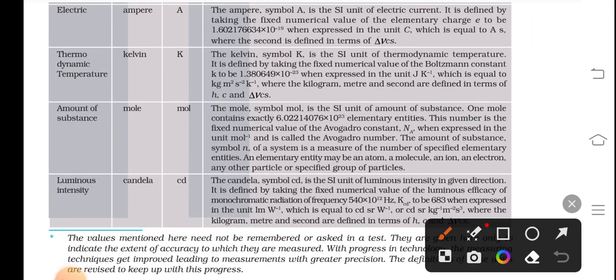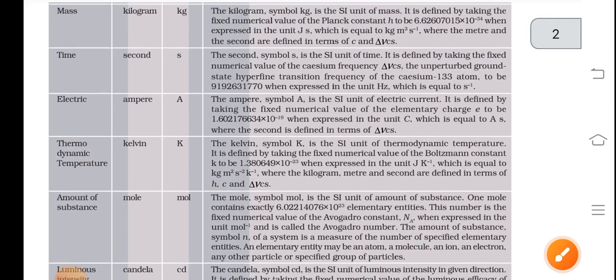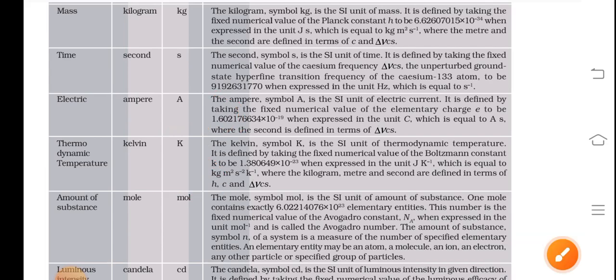But luminous intensity I never come across in all of physics, but they kept it in NCERT, so we should know about it. Here for electric current, ampere, they use the symbol A. Sometimes they use the symbol I also, we should know. And for thermodynamic temperature they use theta also. Please note in your NCERT, important.